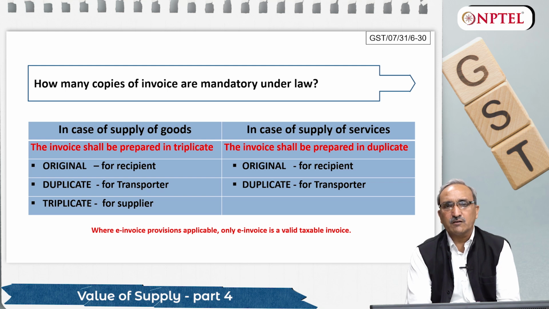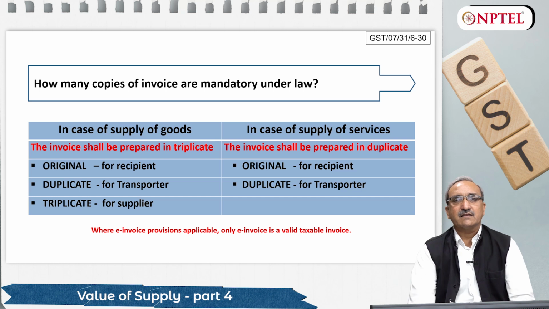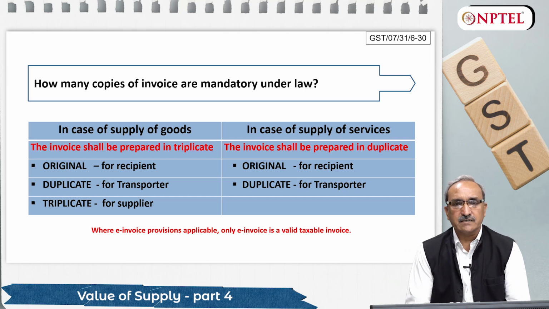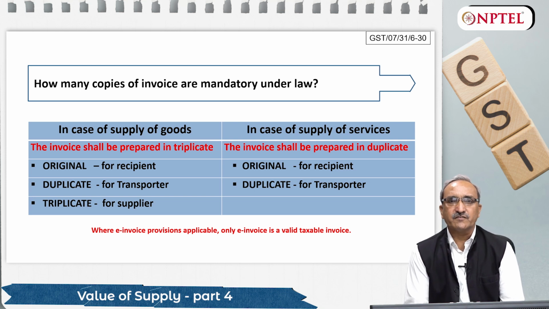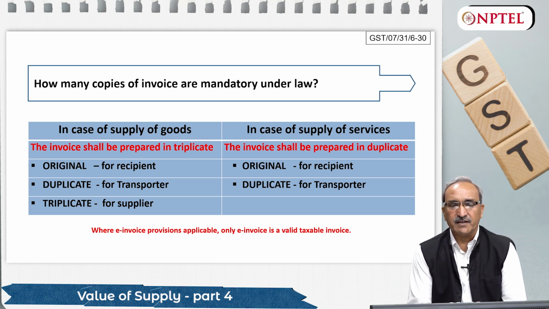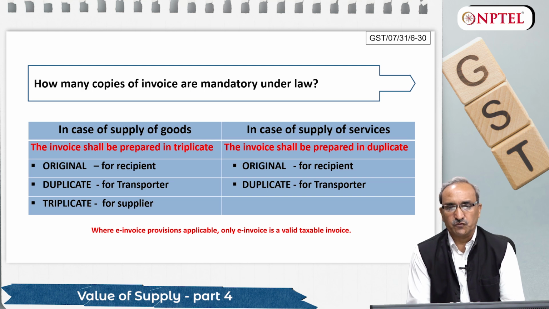And because you have supplied goods to your customer, the customer also needs the invoice, because he has to take the benefit of the tax he has paid to you through this invoice. He will take benefit, as I explained in my previous slides. They will take ITC benefit based upon this invoice, because this invoice will be evidence that they have paid tax to you.